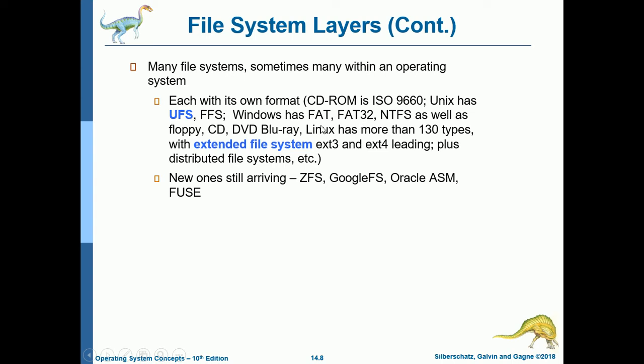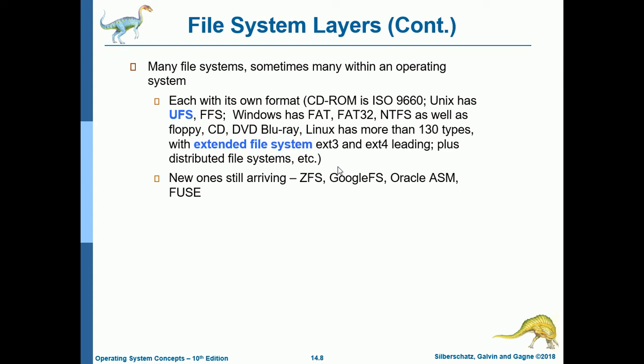FAT32 and FAT are used for older versions of Windows. Linux also has file systems for distributed file systems. And then new ones are still arriving, such as ZFS.